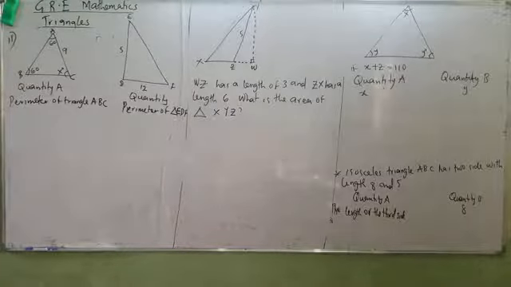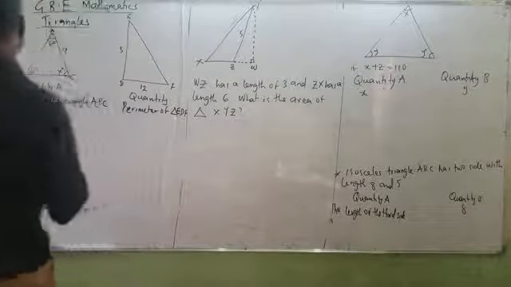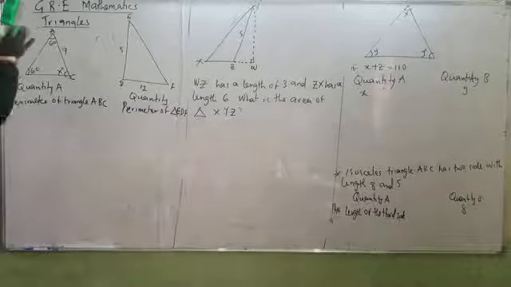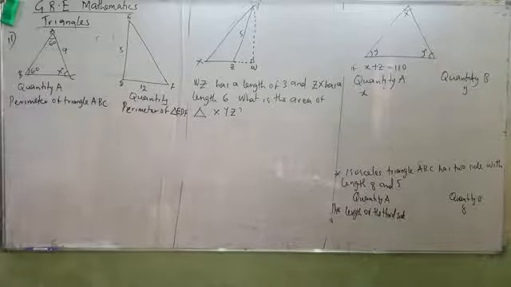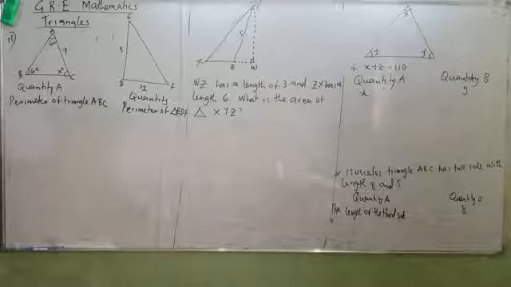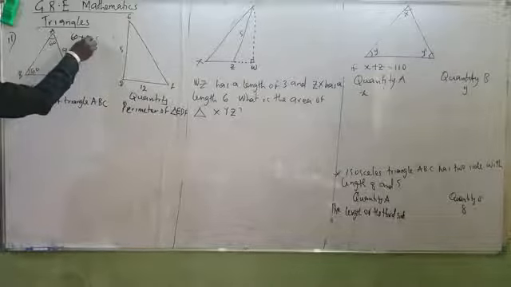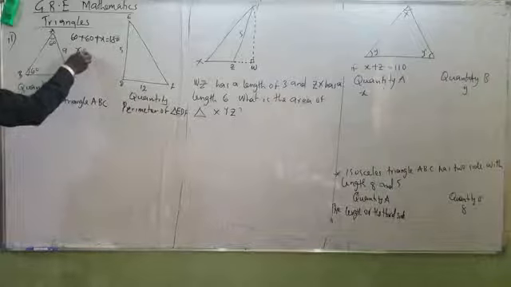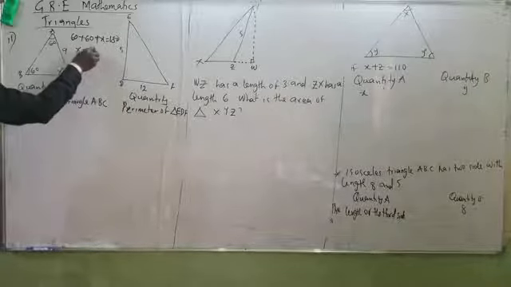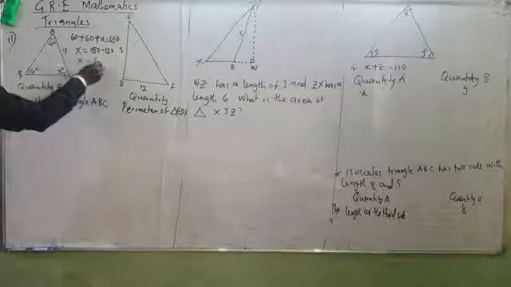Okay, look at these particular problems, 11, 12, 13, 14, 15. Now, I have these questions there. The first one, quantity A, quantity B. I want to know the relation. Now, 60 plus x equals 180. It means my x equals 180 minus 120, so x also equals 60.